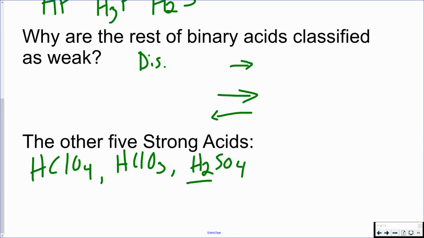That means it has 2 hydrogens to get rid of when it is dissolved. You have nitric acid. And finally, you have periodic acid, HIO4.